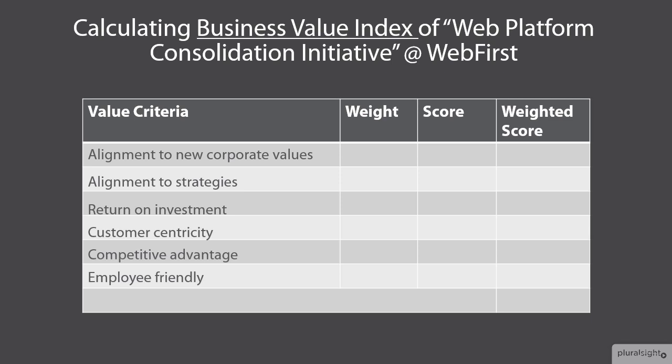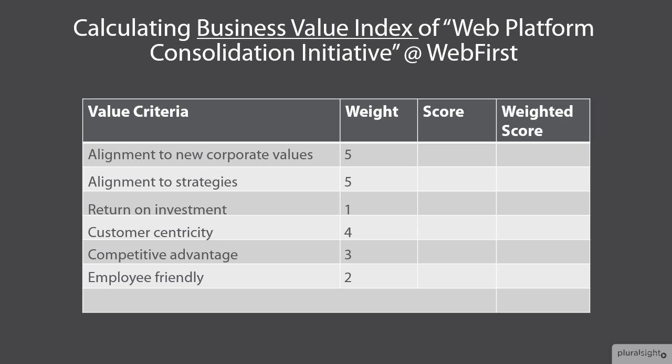Now, although each criterion is an important consideration, management likes to give higher importance to some over the others, and hence introduce a numeric factor to indicate the relative importance of each, and this typically ranges from 1 to 5, where 5 is the maximum weight and 1 being the least.